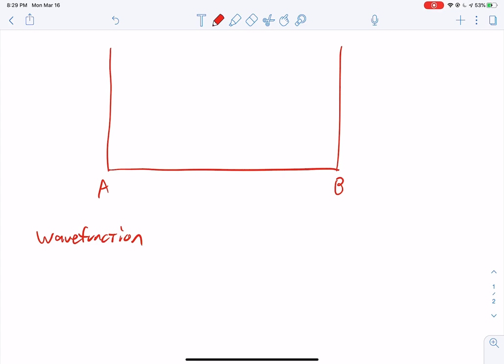Now, often the wave function will be used maybe to look at where an electron is in relation to a proton. Maybe the wave function is used to simply understand the wave nature of the electron itself. Okay, and so what we're going to do is we're going to look between A and B, and we're going to look at the wave function. Now, the symbol for wave function is a psi.